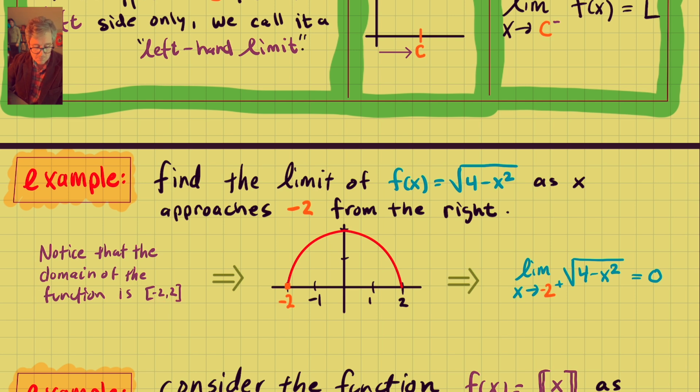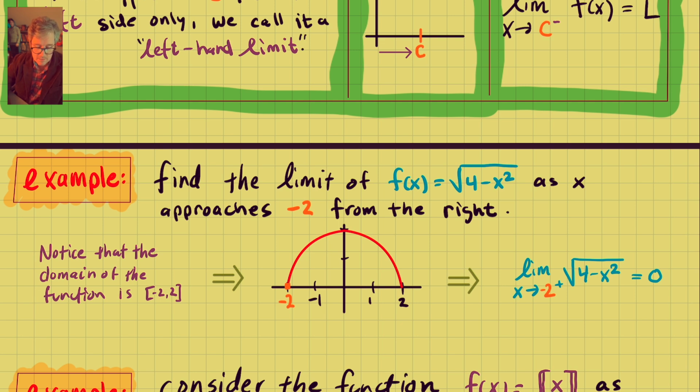If we try to plug in something larger in absolute value than 2, we end up with a square root of a negative number, so it's not a real valued function at that point. If we plot this function, it's a semicircle with endpoints at -2 and +2.